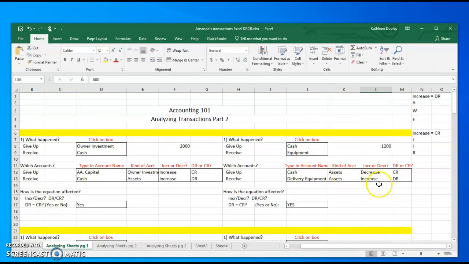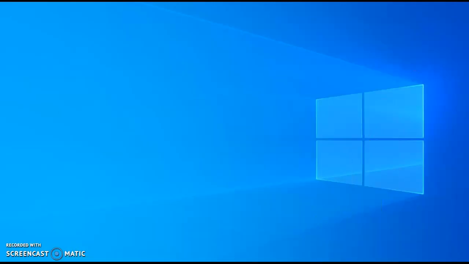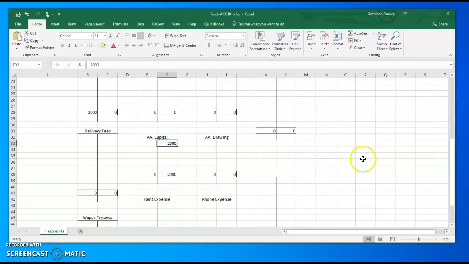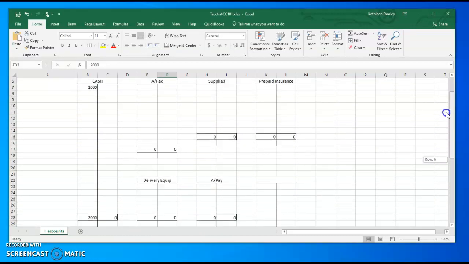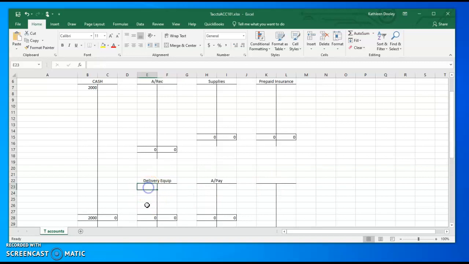Go to the next transaction. Here I have a debit to delivery equipment and a credit to cash of $1,200. I'll start with the debit to delivery equipment. I find delivery equipment. Here it is. That was a debit, which is left side, $1,200.